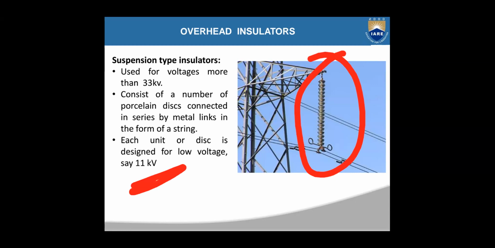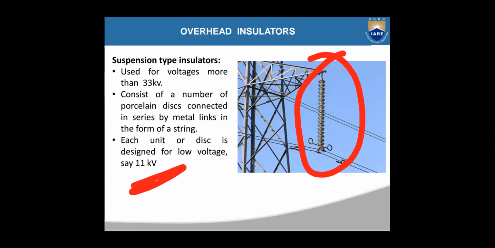If you want to design a suspension type insulator for 33 kV, then you have to connect three discs in series. If you use 3 discs in series to form a suspension type insulator, that 3 disc insulator will have a voltage level of 33 kV.